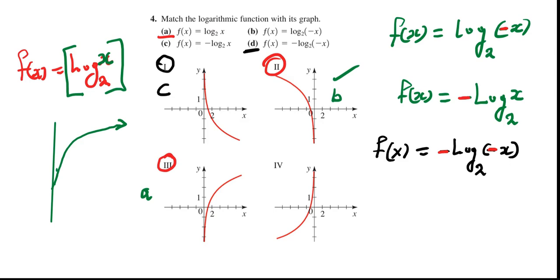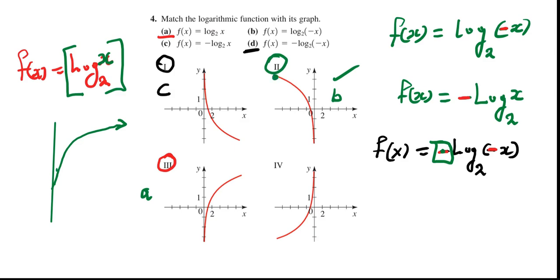So now that means we can come over to graph 2 and reflect. We are now attending to this negative sign outside here, so it means a reflection across the x-axis. So now we are going to reflect graph number 2, which is this, across the x-axis.